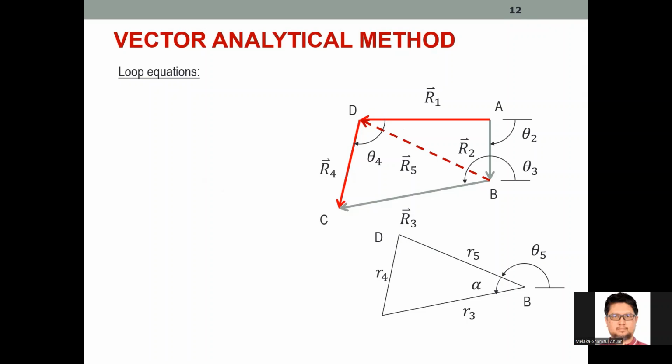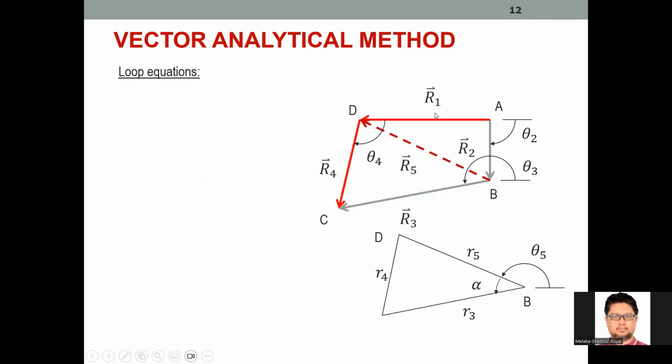In the case of a 4-bar mechanism, usually theta 2 will be the input, so we have to solve for theta 3 and theta 4. For a slider crank, if theta 2 is the input, you have to solve for R4 and also theta 3.